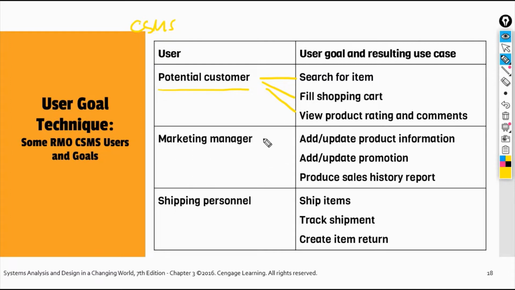For a marketing manager, the goal is to add product or update product information, add or update promotion, and produce sales history report. And for shipping personnel, the goal is to ship items, track shipments, and create item returns.